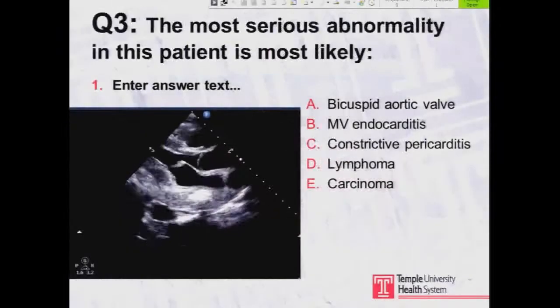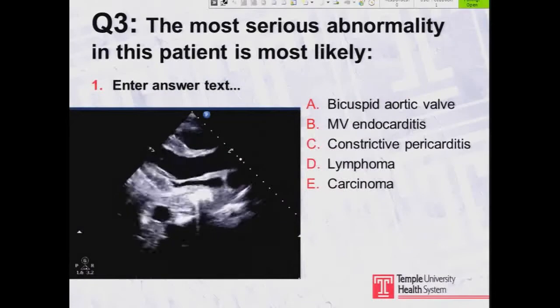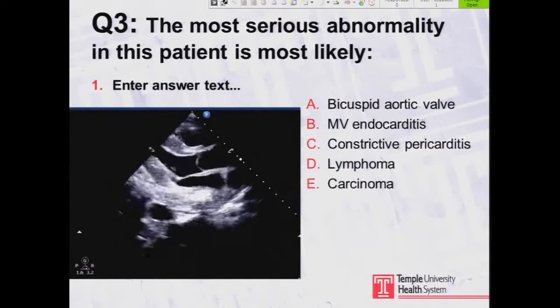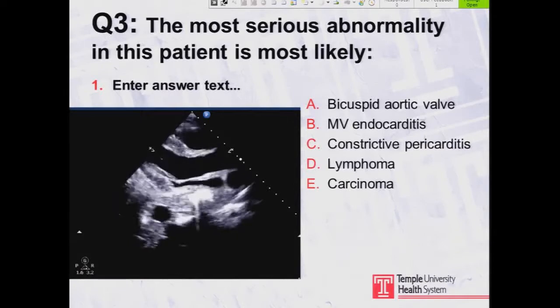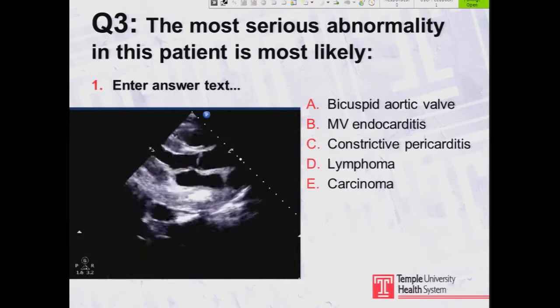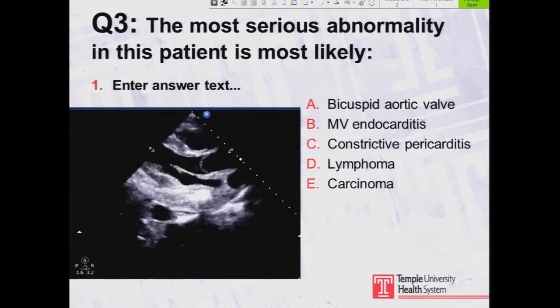So this next question: the most serious abnormality in this patient is most likely, go ahead and answer, bicuspid aortic valve, mitral valve endocarditis, constrictive pericarditis, lymphoma, or carcinoma.